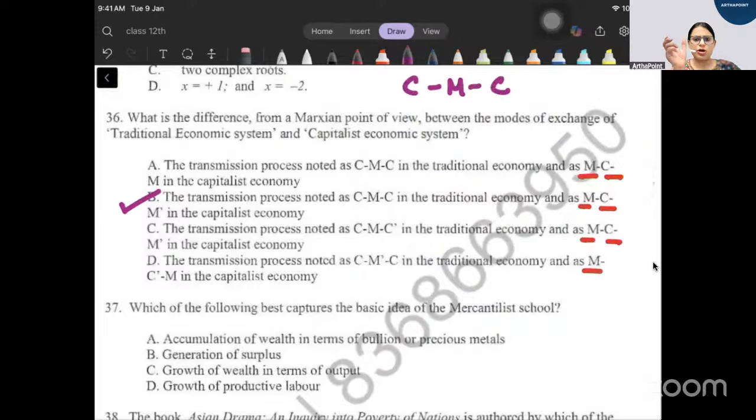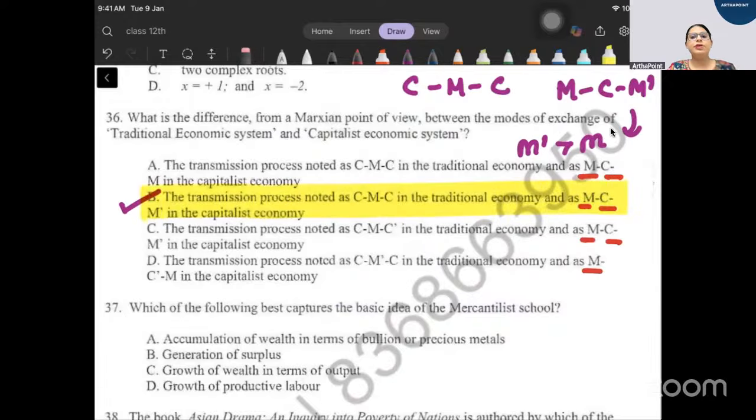There was no distinction between first and last. Whereas capitalist में he used MCM dash to represent that M dash is more than M. The correct answer will be B.